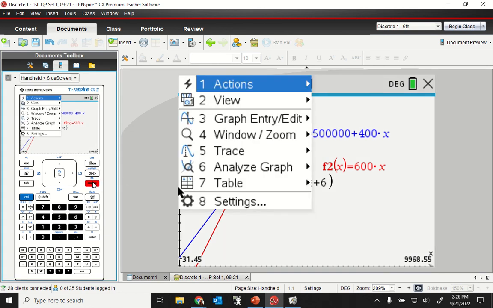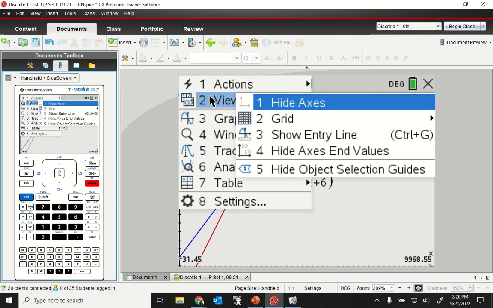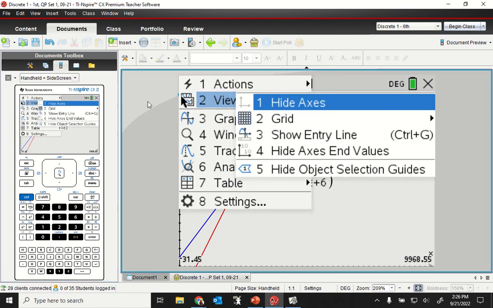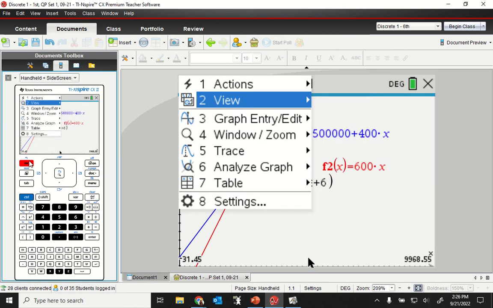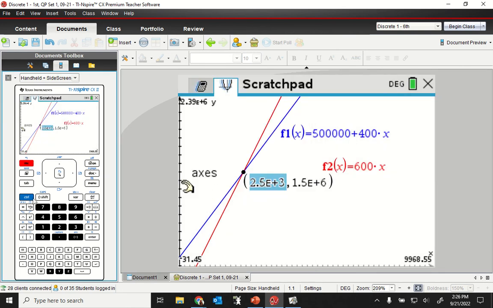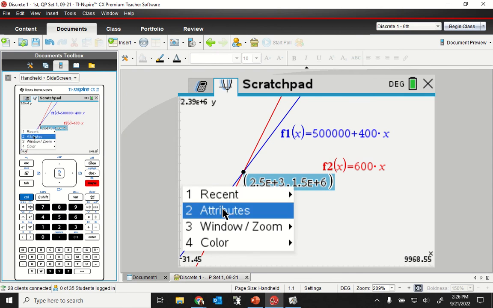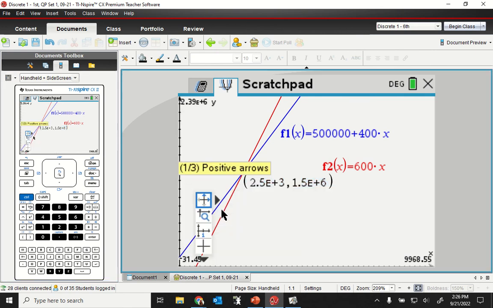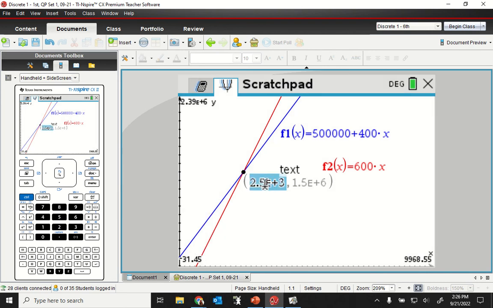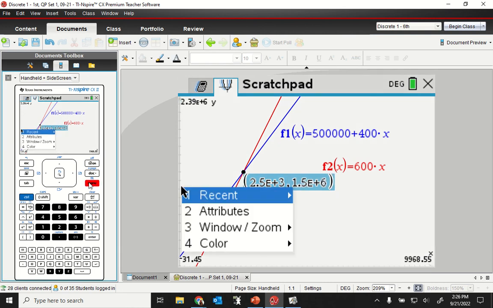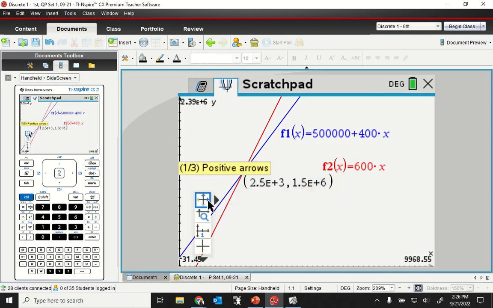Is it menu? No, it's not that one. It is control menu. There we go. You hit control menu and you go to attributes. So right here, click on it. Control menu, attributes.